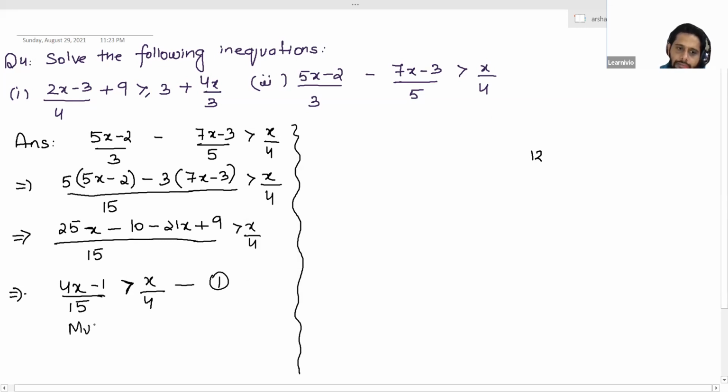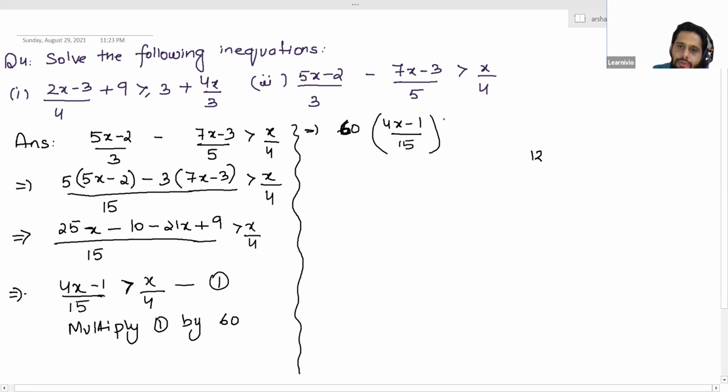Multiply 1 by 60. So we will write over here. This will give you 60 into 4x minus 1 by 15 is greater than 60 into x by 4.